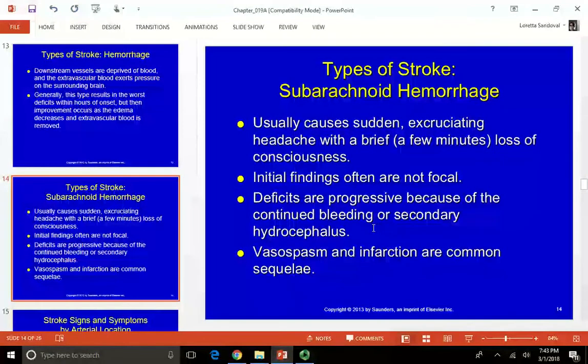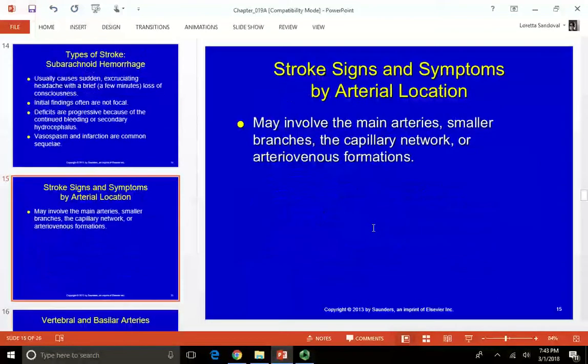So it causes hydrocephalus because it bungs up the CSF flow, basically. So now we've got this extra blood in here. The CSF can't flow the way it normally does, and it causes problems. So you can get that secondary hydrocephalus. Vasospasm and infarction are common sequelae, and that's just because of the changes in the circulatory system.